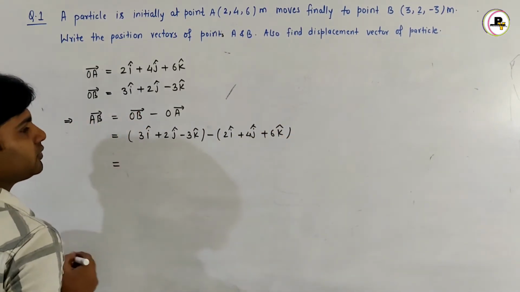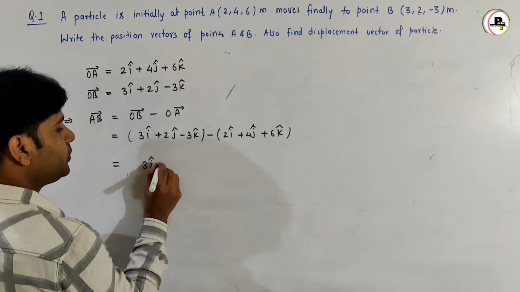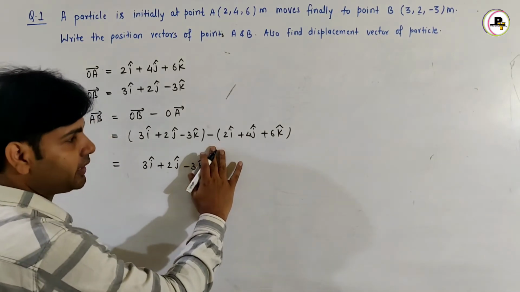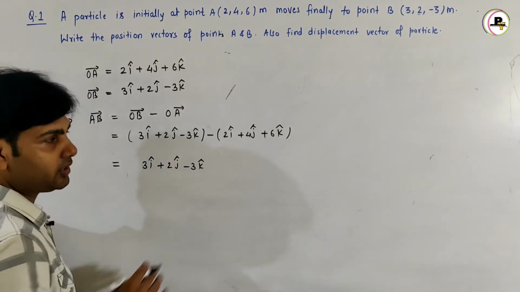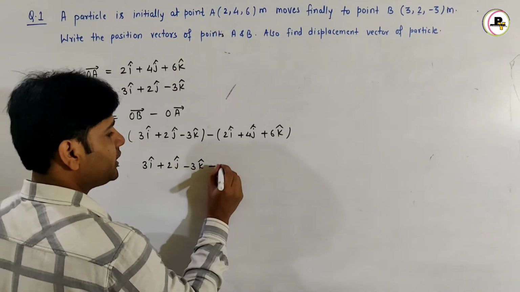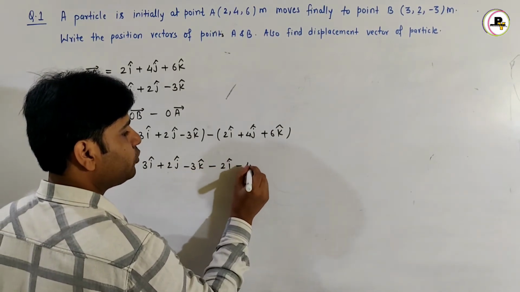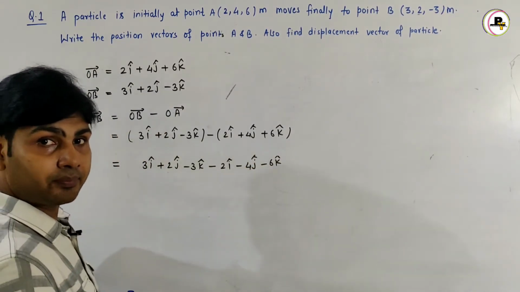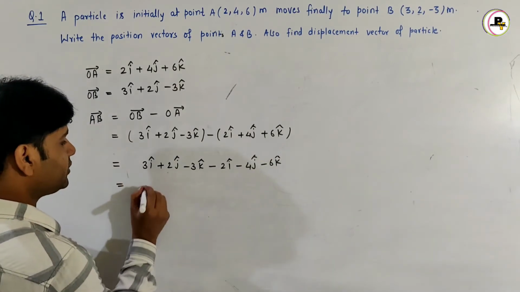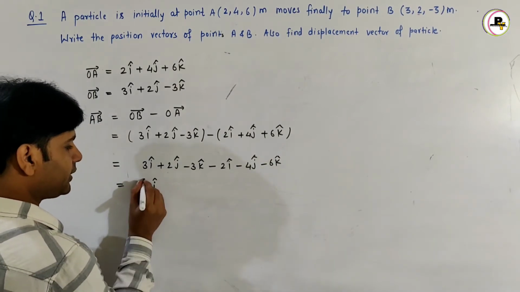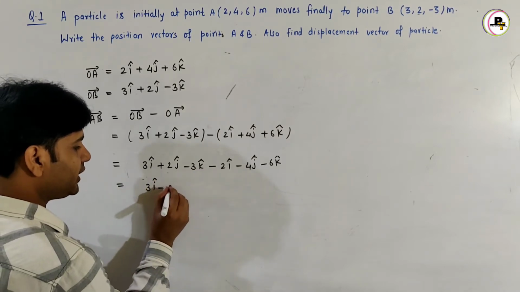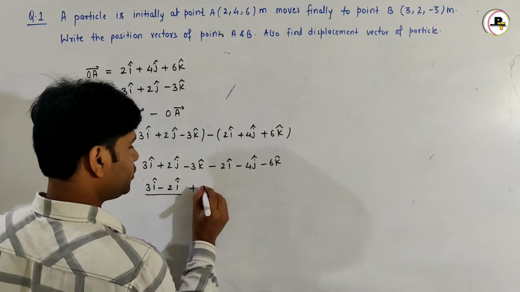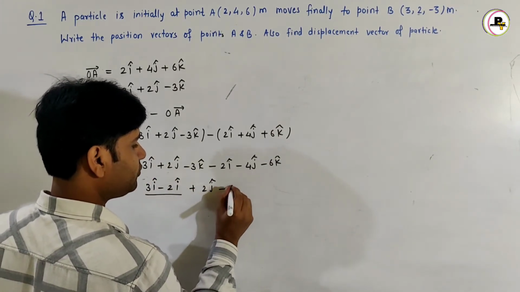Now opening the bracket, I can write here 3i cap plus 2j cap minus 3k cap, and if I open the bracket, then the sign of all the terms will get changed, all terms will get negative. So I can write here minus 2i cap minus 4j cap minus 6k cap. Now taking similar terms together, I can write here 3i cap minus 2i cap. These are two similar terms, plus 2j cap minus 4j cap.